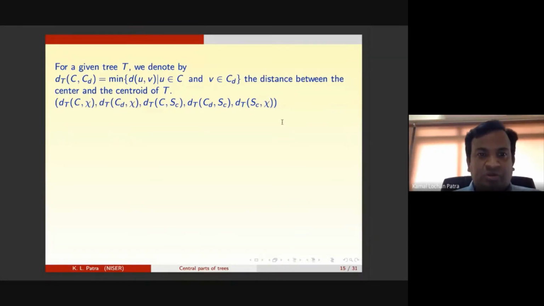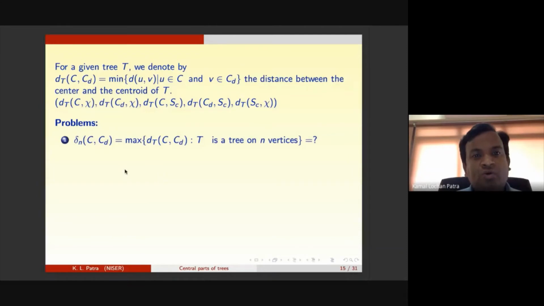Now, if you consider the set of all trees on n vertices, how far or how close are these central parts? As we know, for any tree on n vertices that is a star or path, they are all the same, so the distance becomes 0. So the question is now, can we maximize the distance between any two central parts over the set of trees on n vertices?